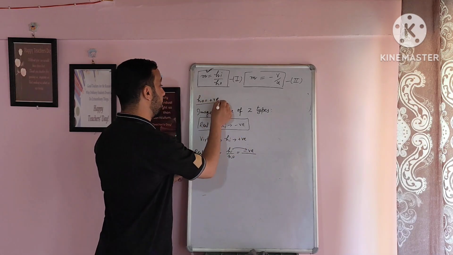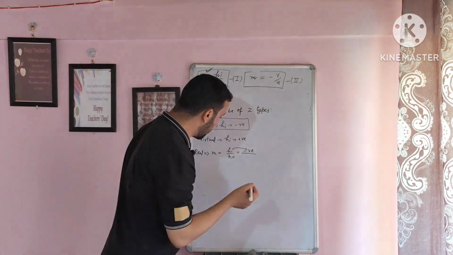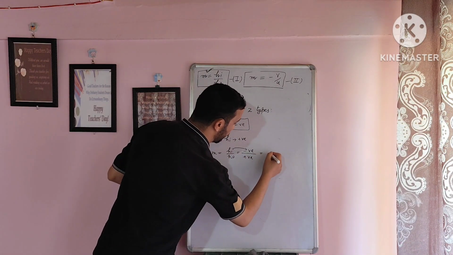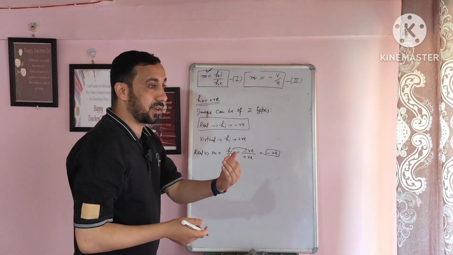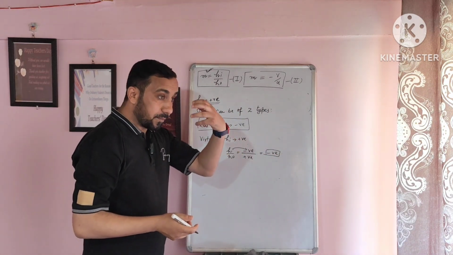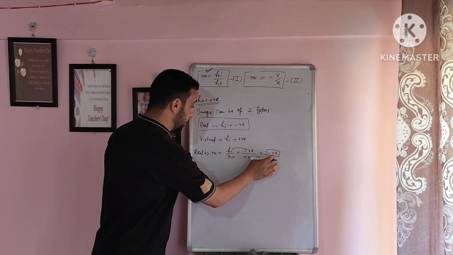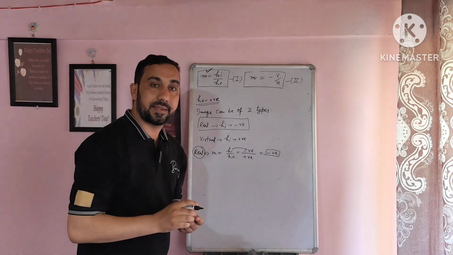But Ho is always positive because the object is always placed above the principal axis, so this will be positive. Negative upon positive becomes negative. So we can generalize a concept: when our M is negative, the image will always be real and inverted.